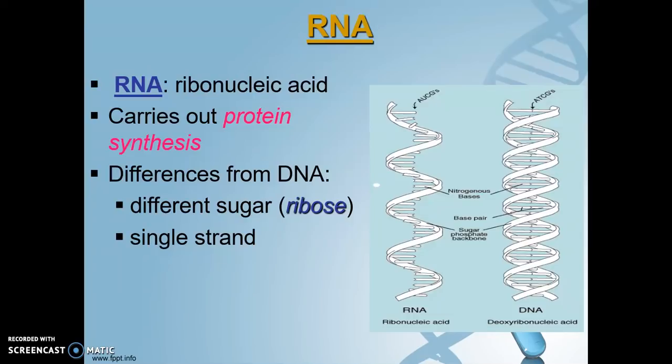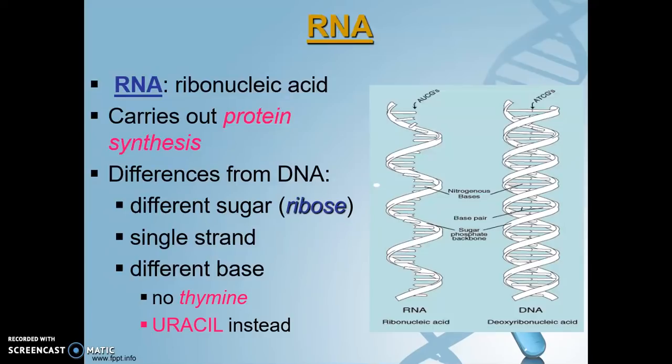DNA is a double strand and RNA is a single strand. And RNA has a different base. If you remember, DNA has 4 bases: adenine, thymine, guanine, and cytosine. But in RNA, there is no thymine. Instead of thymine, there is uracil.